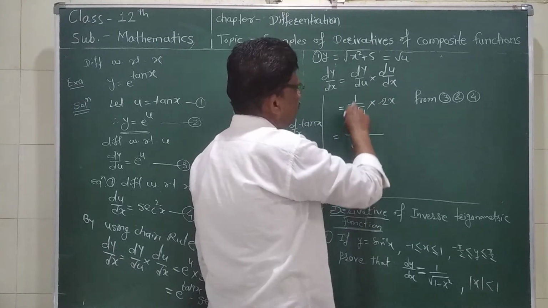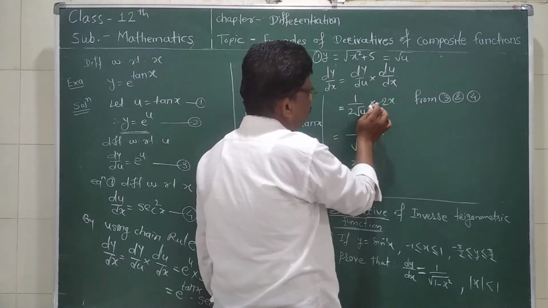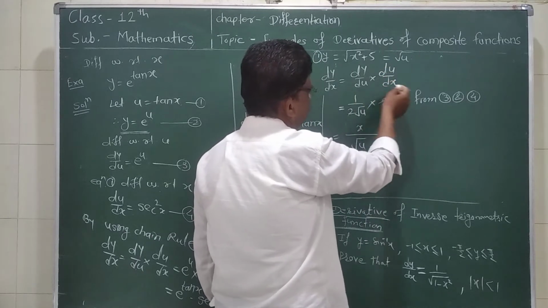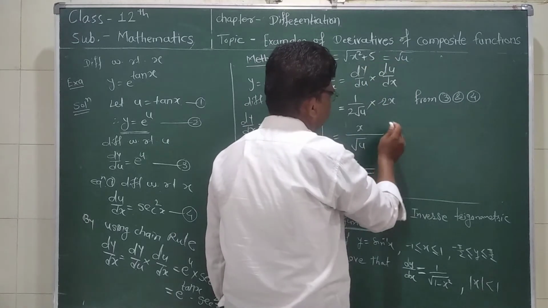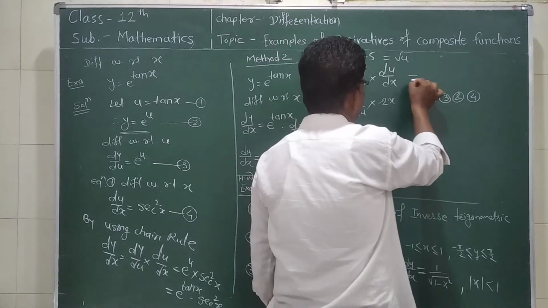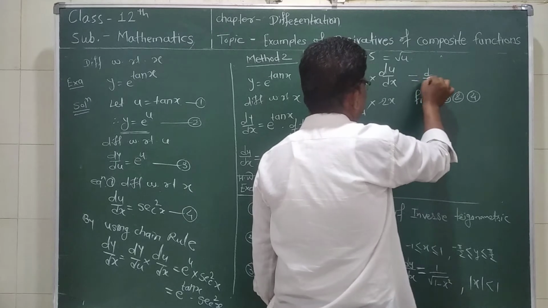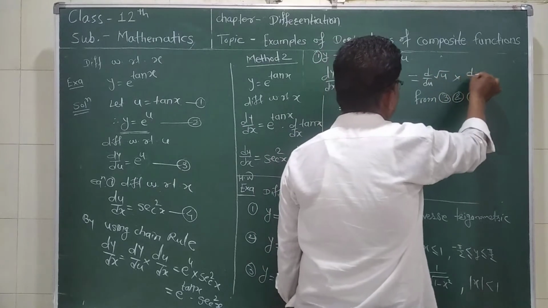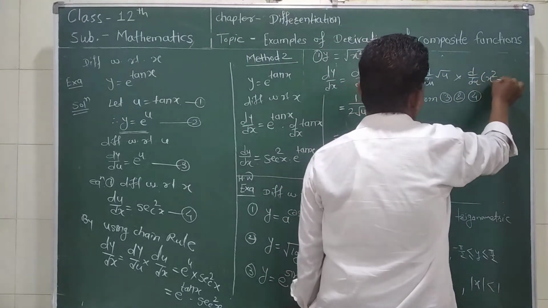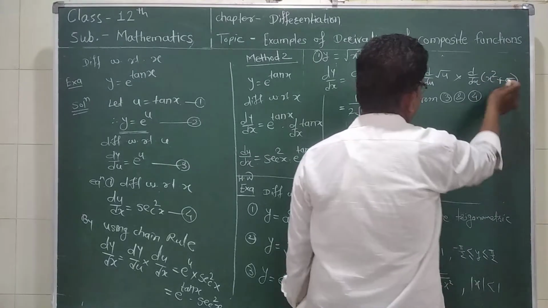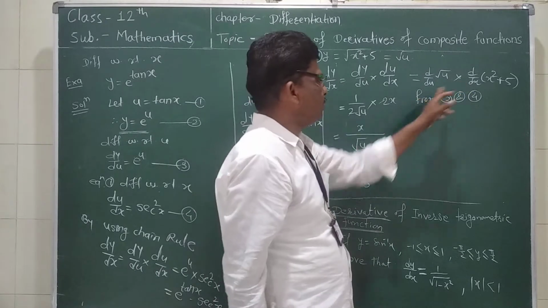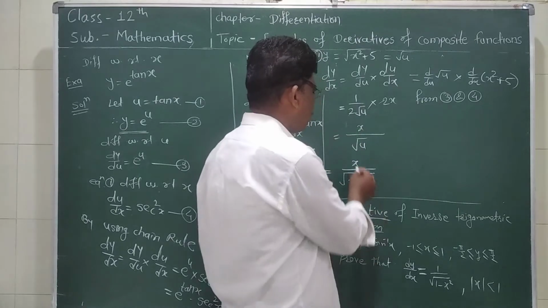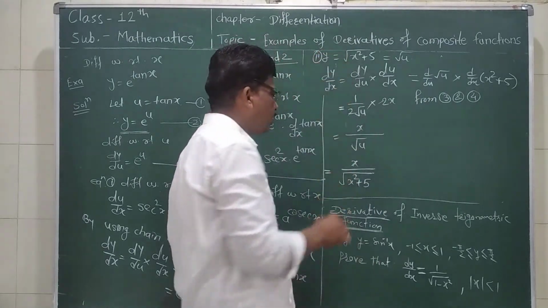So differentiate this directly: 1 by 2 root u into du by dx. Here I explain again: d du of under root u into d dx of x square plus 5. The derivative of x square plus 5 is 2x, and of root u is 1 by 2 root u, and put this value. This is the second example.